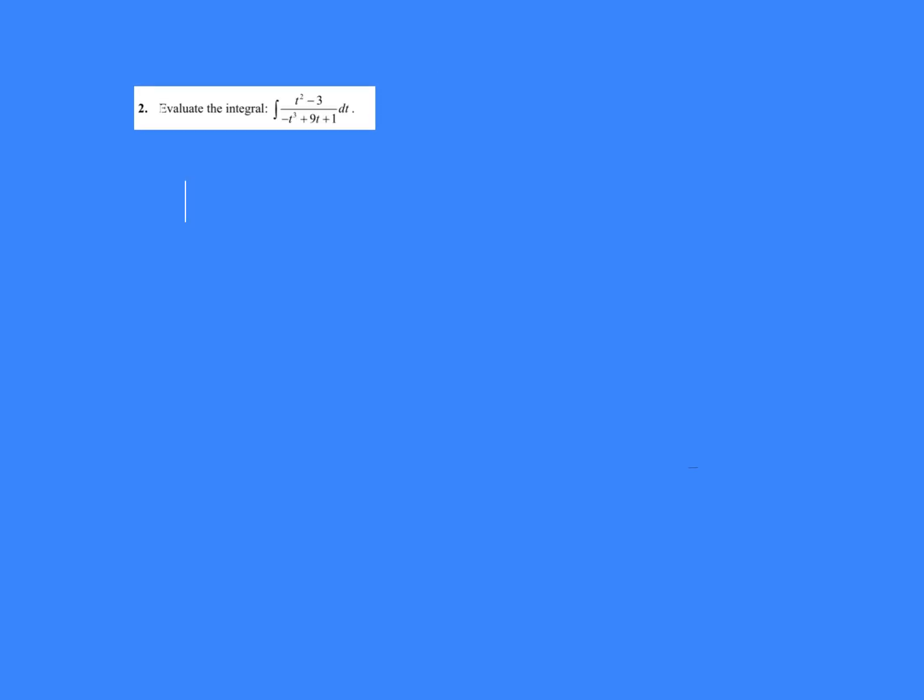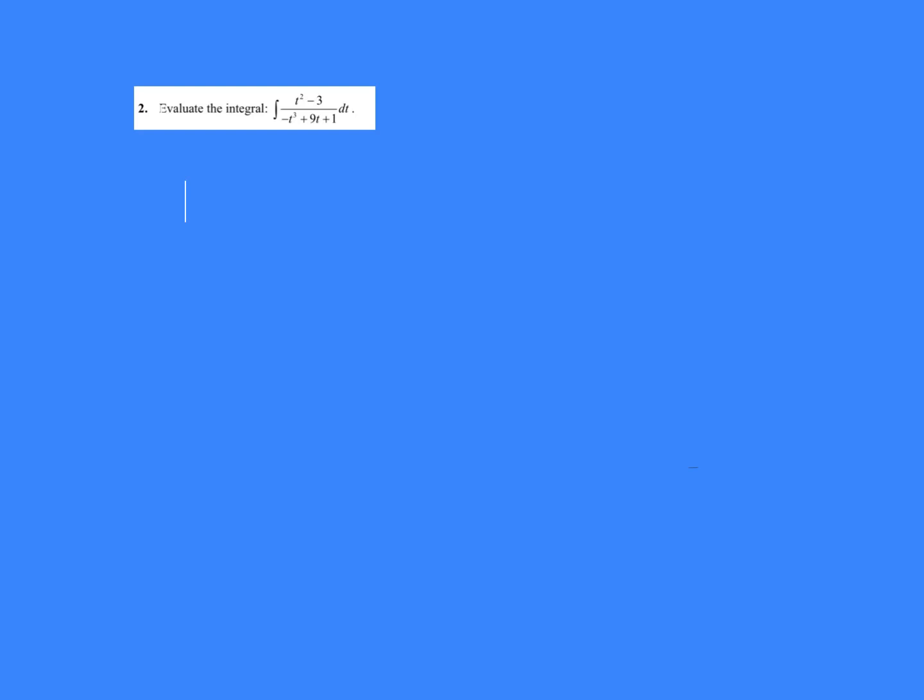Now, the second problem is evaluate the integral of (t squared minus 3) divided by (minus t cubed plus 9t plus 1). What I see is a function in the denominator, and in the numerator, something similar to the derivative of the denominator. So maybe substitution will work.